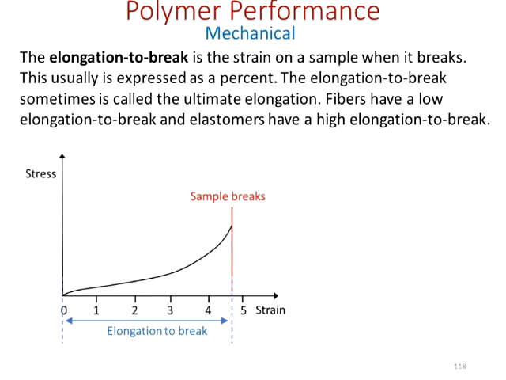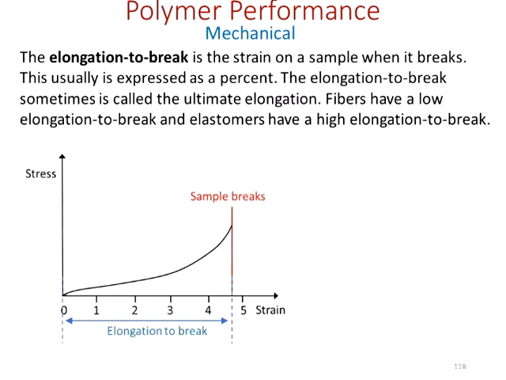One of the other properties we want to learn about is elongation to break. How far can I stretch the rubber band before it breaks? That's the question being answered here. The elongation to break is the strain on a sample when it breaks. This usually is expressed as a percent.